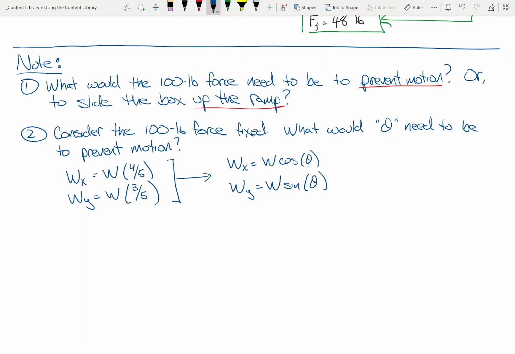So, for example, what's the inverse tangent of 3/4? Somebody give me that to 2 decimal places.